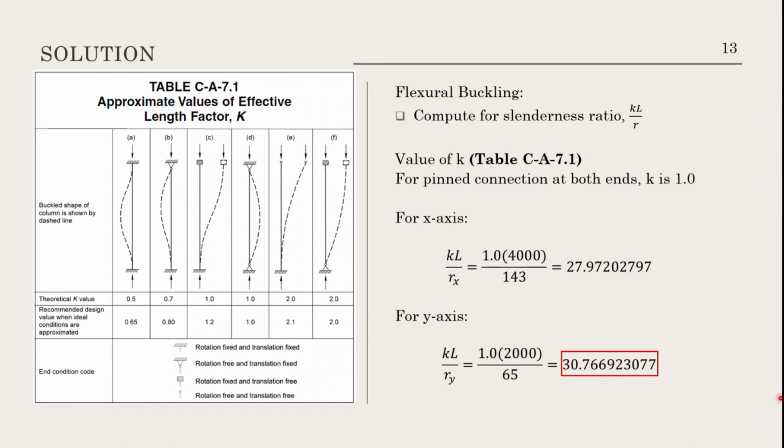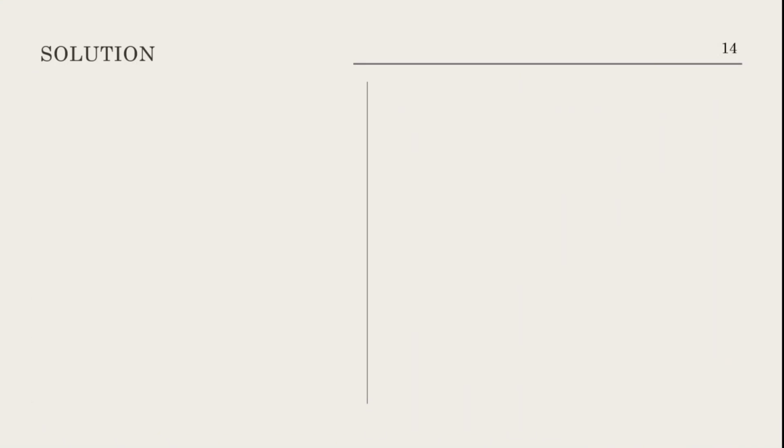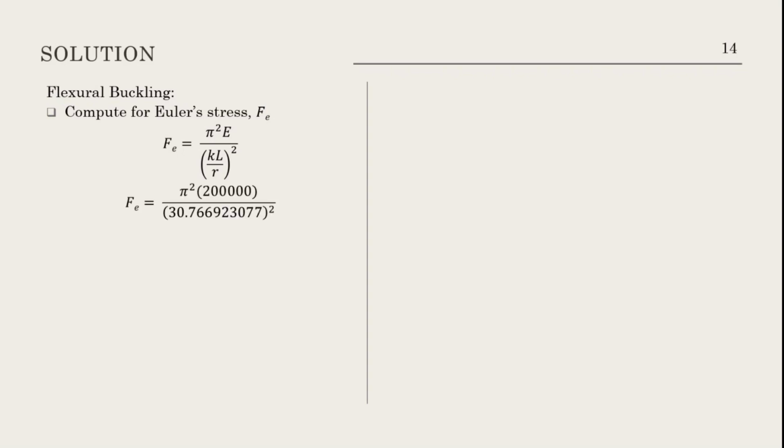Okay, so let's compute the Euler's buckling stress, F sub E. That is pi squared E over the slenderness ratio squared. That is pi squared E, then this is the governing slenderness ratio. We just square that. Therefore, we have F sub E equals 2084.95393 megapascal. Let me correct that one.